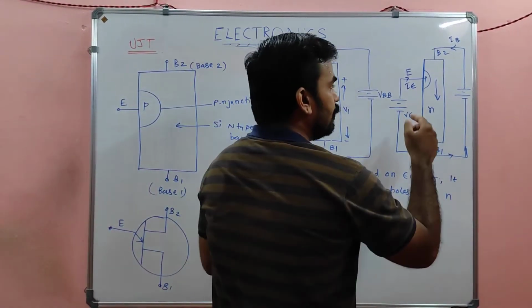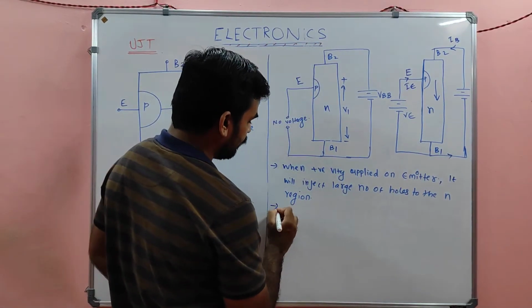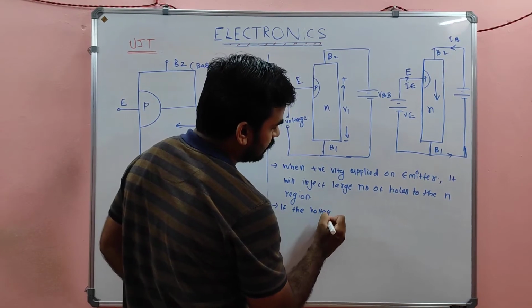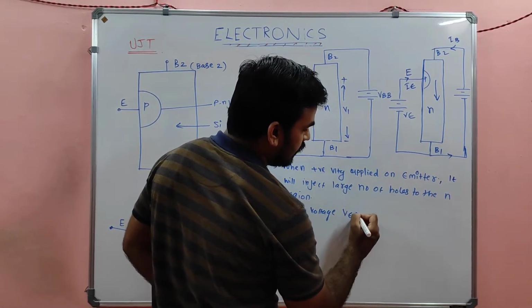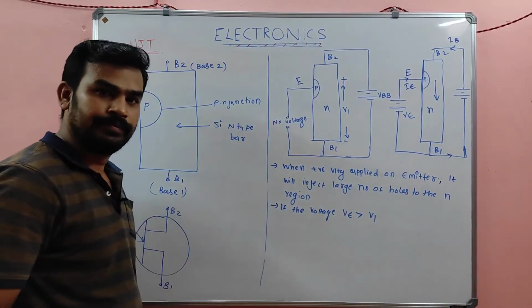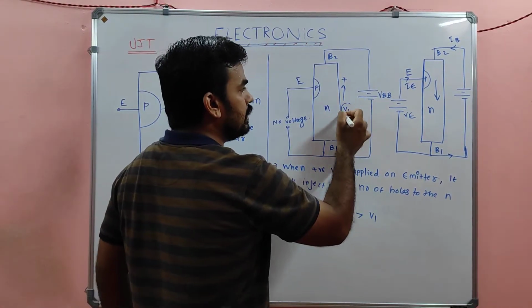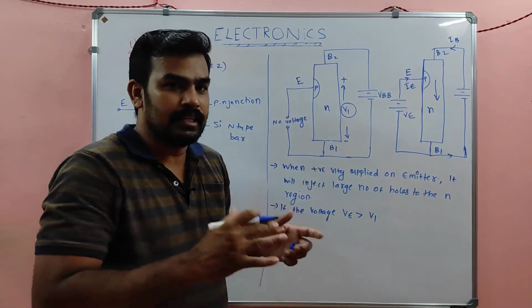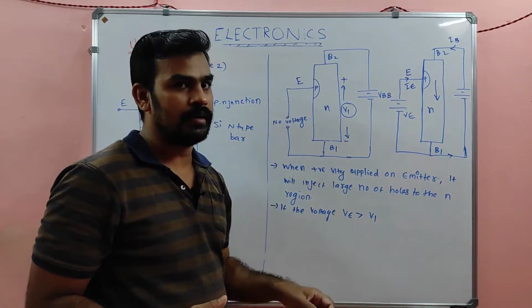and if the voltage applied, VE, is greater than V1, there is a voltage now, due to reverse biasing there will be a voltage drop, which is nothing but the reverse biased voltage drop V1.